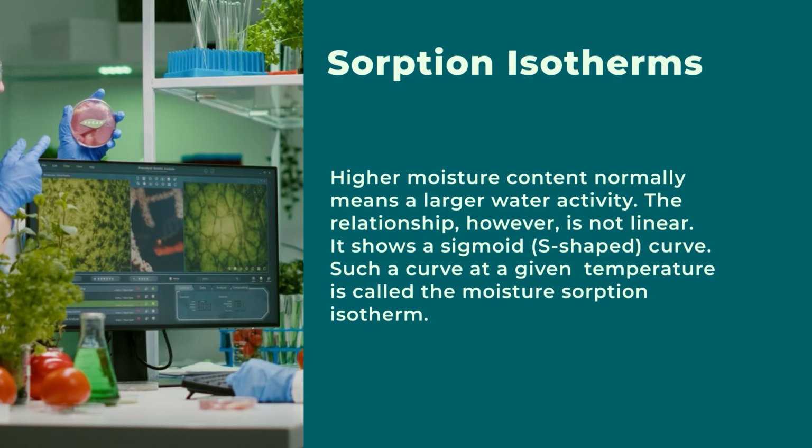Normally, when we say high moisture content, it will have a larger water activity. But this relationship is not linear. It shows a sigmoid curve, and at a given temperature it is called the moisture sorption isotherm. How do we draw this curve?